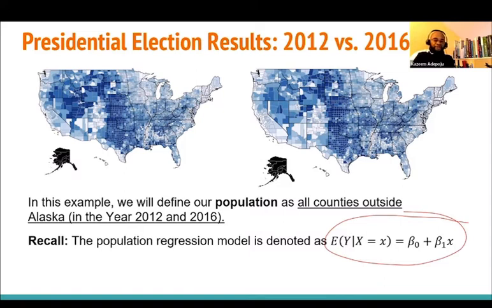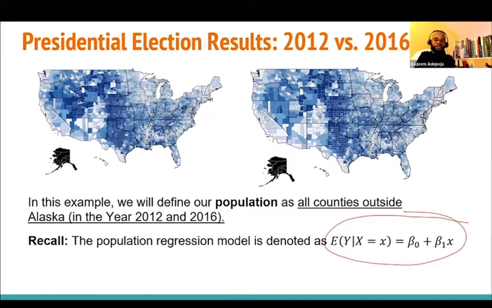What am I trying to talk about? The expected number of votes received by the Republican candidate in 2016, given that the Republican candidate in 2012 has a particular value, is equal to beta naught plus beta 1 x. I'm going to say that again.